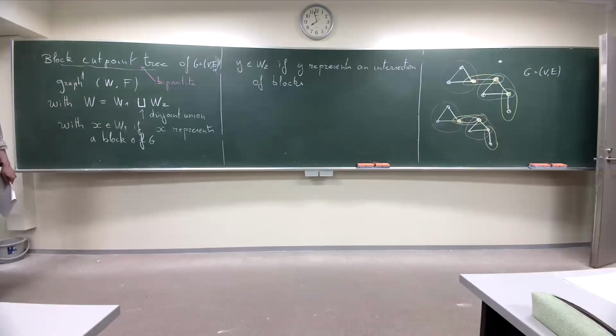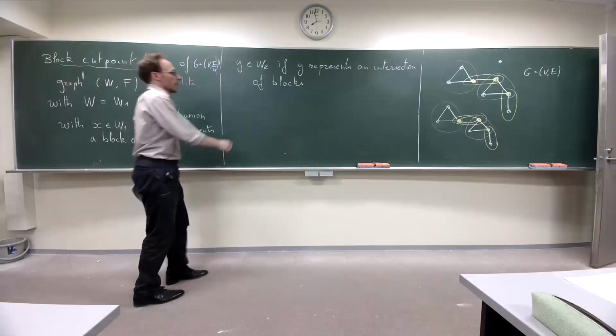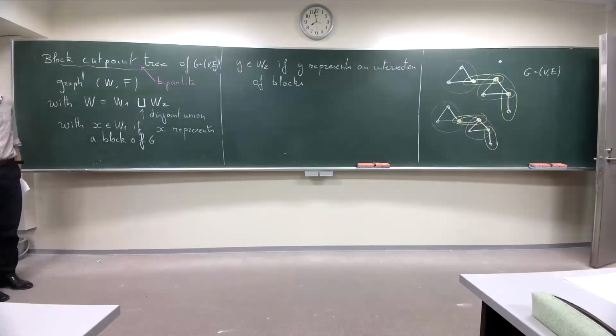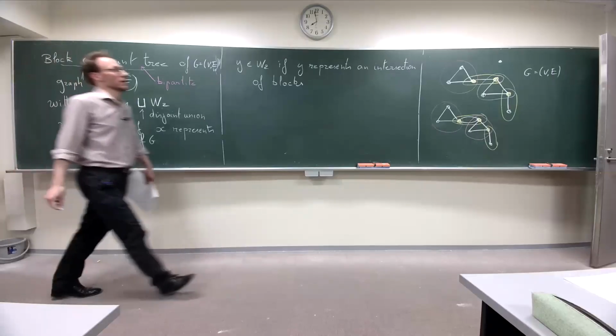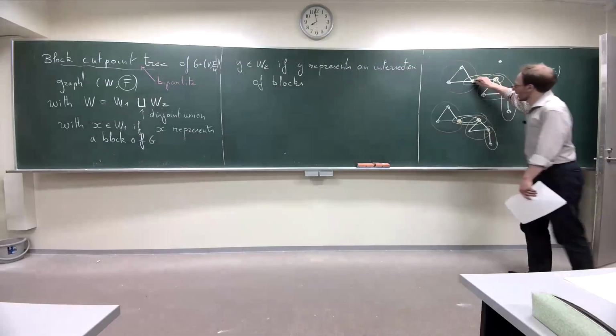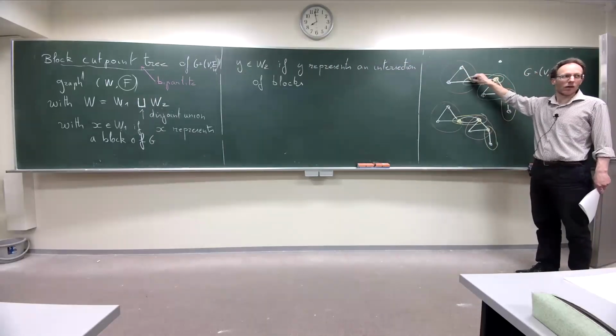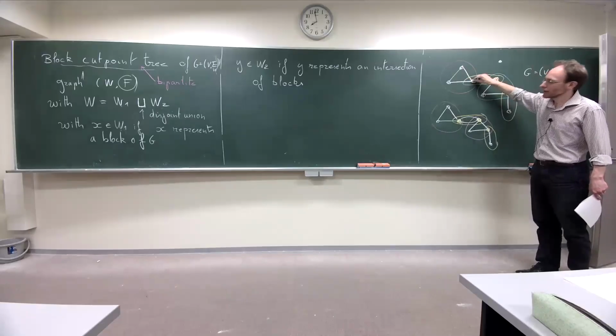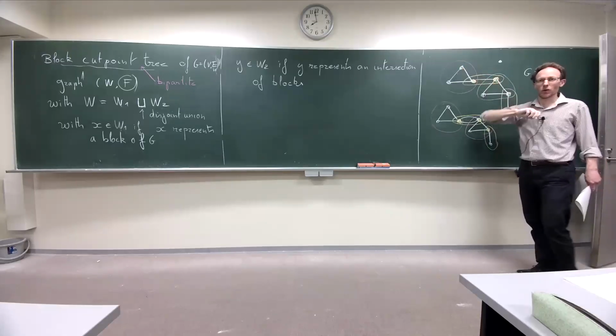Points in W2 are going to represent intersections between blocks. Of course, they are disjoint because a block is different from an intersection. That's clear. What is F? The elements of F, what are edges? Edges: this guy belongs to this block. So I can draw an edge between the Y, which is this point, and the X, which is this point.